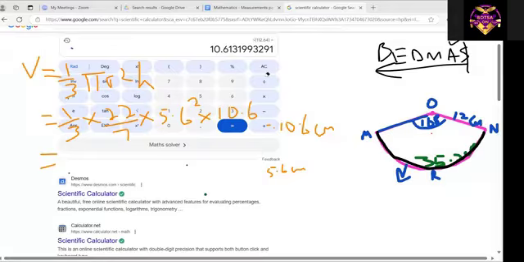So for Google Scientific and some other calculators, you want to put fractions in brackets, powers as well, just in case. So open brackets 1 divided by 3, multiplied by open brackets 22 divided by 7 close brackets, multiplied by 5.6 in brackets, close brackets squared, multiplied by 10.6.